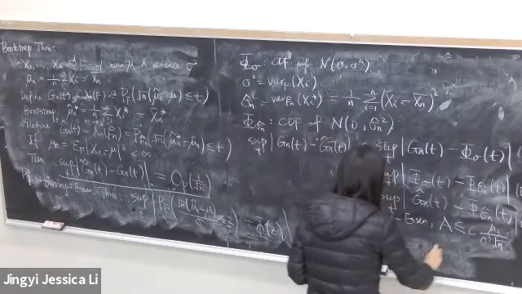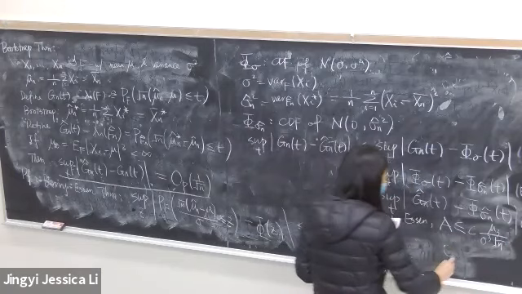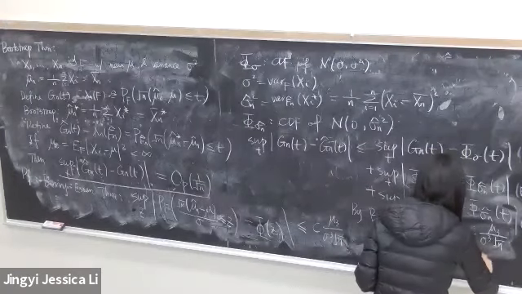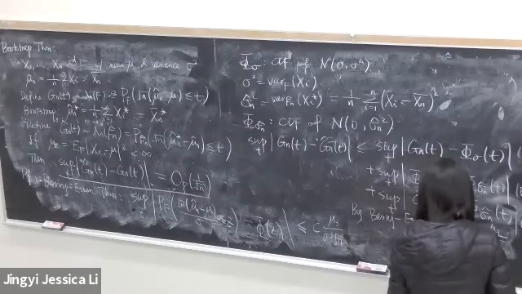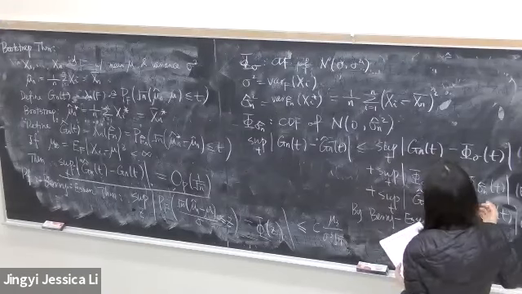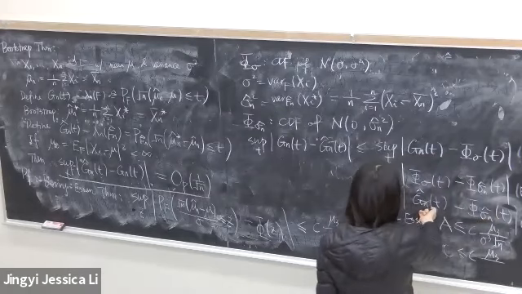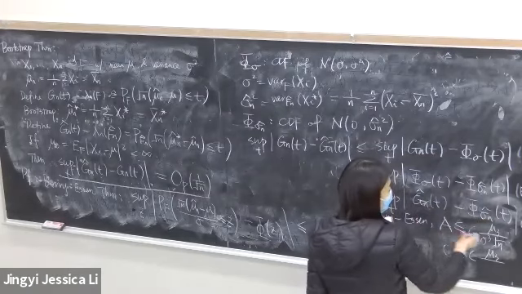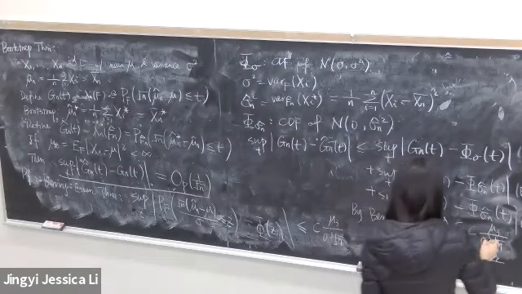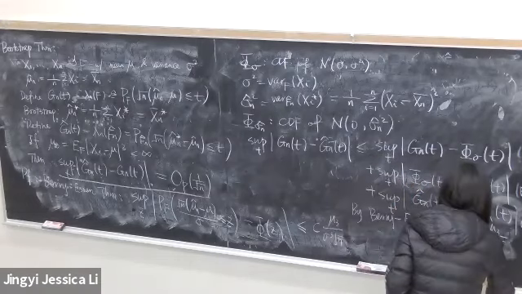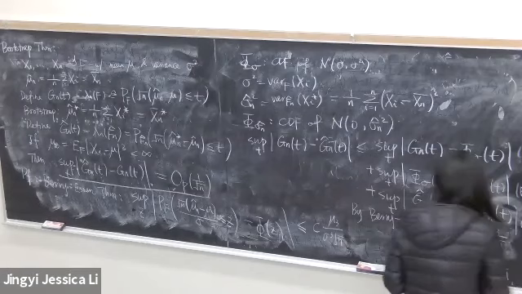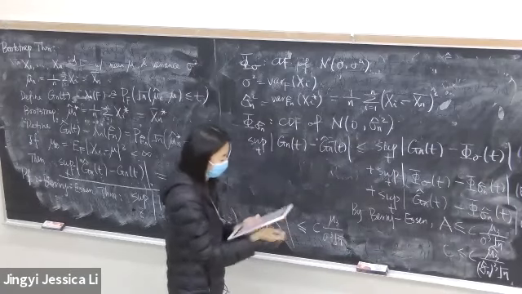And C, by the same argument, mu3, but we need to replace it by hat, because in the C term, everything is about the Fn hat instead of F. So I call that mu3 hat over sigma n hat cubed root n. This is C.